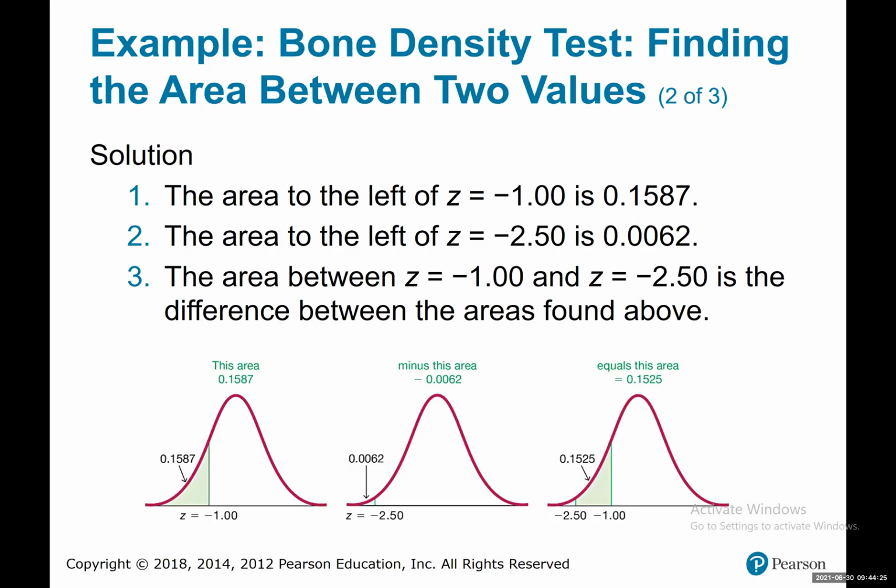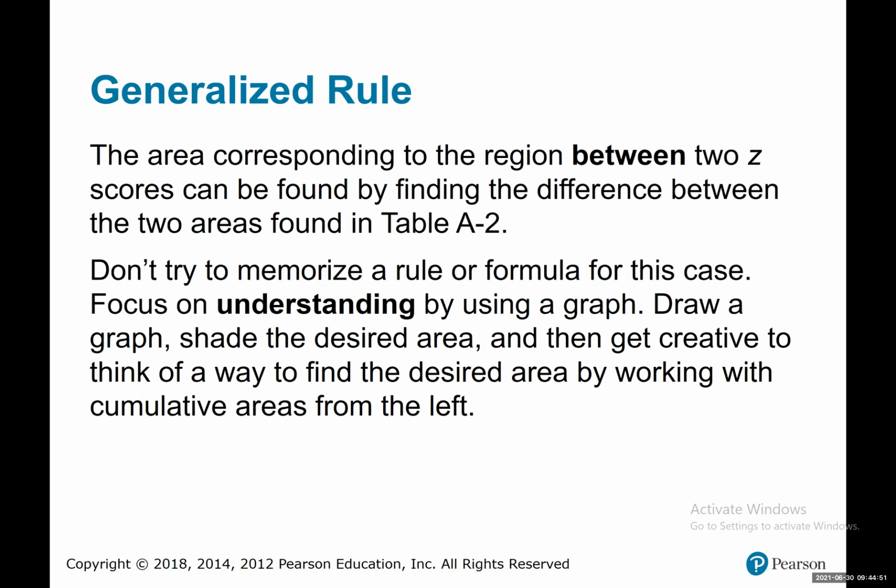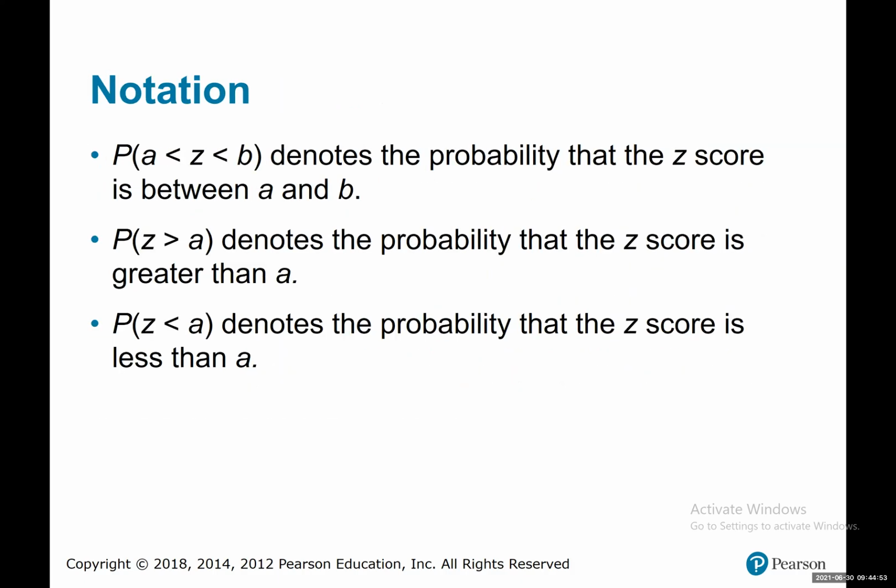But anyways, the area to the left, the area to the right, or the area in between, and that's 0.1525. Okay, great. So great job, everyone. And then same thing, you just say probability of between, less than, greater than, and so forth.